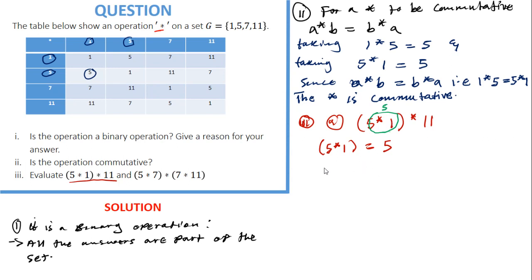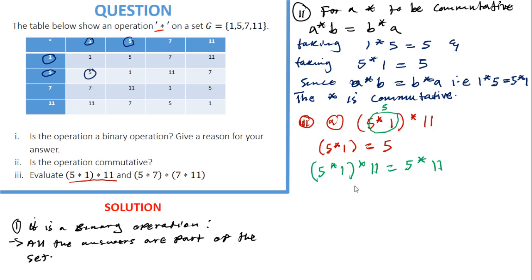So since 5 star 1 is 5, we're going to put 5 star 11. I hope this part is clear.